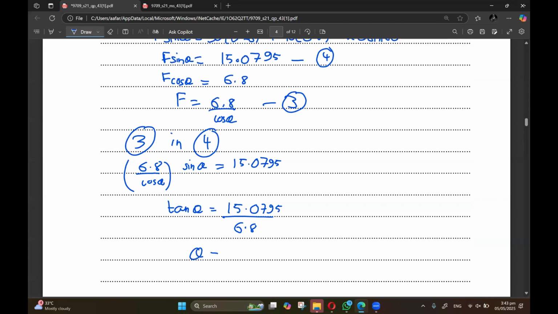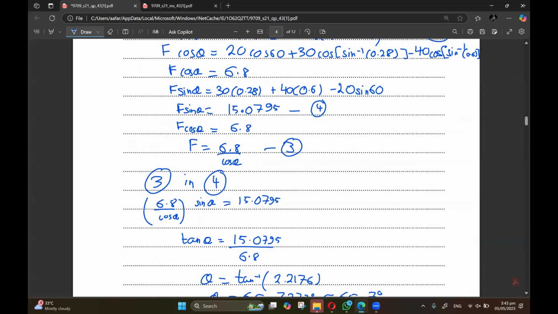So theta is tan inverse 2.2176. Theta we get is 65.7273 degrees, which is approximately 65.7 degrees.